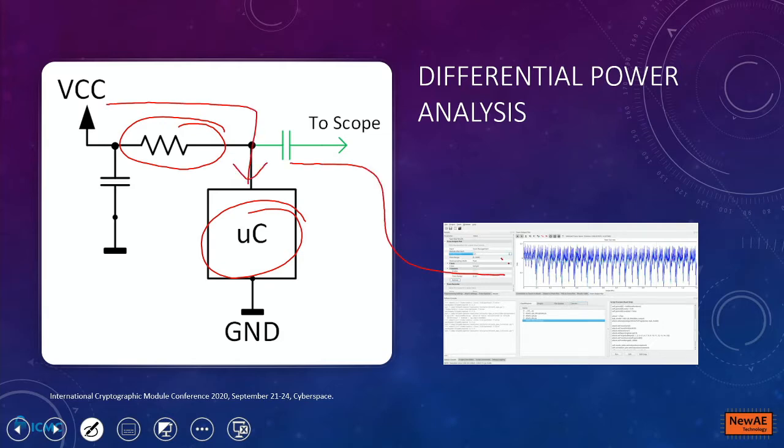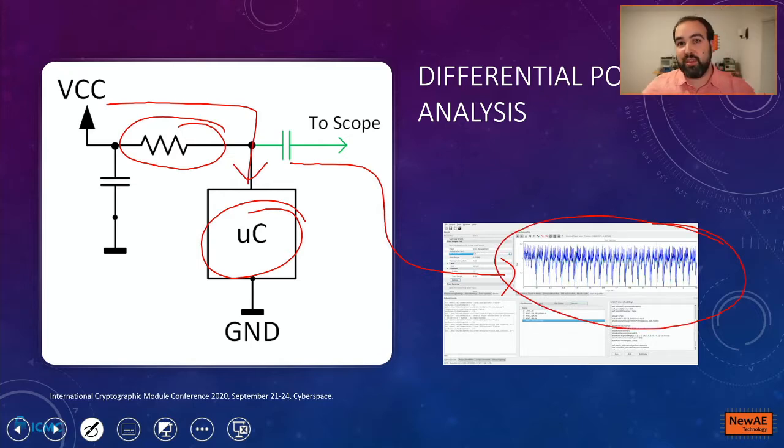This gives us some waveforms where we can observe the power being used, and the power being used has some relationship with either the operations being performed with simple power analysis or the actual data itself with differential power analysis. And this is an extremely powerful way of breaking cryptographic solutions. It's been integrated in many different cryptographic test suites and standards for quite some time.